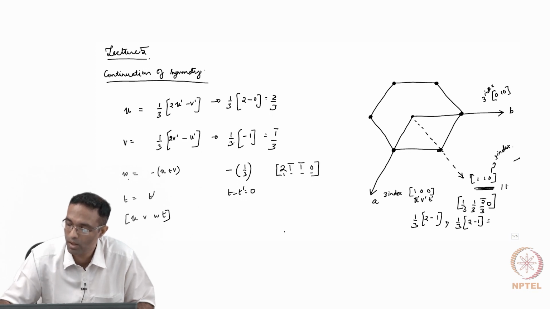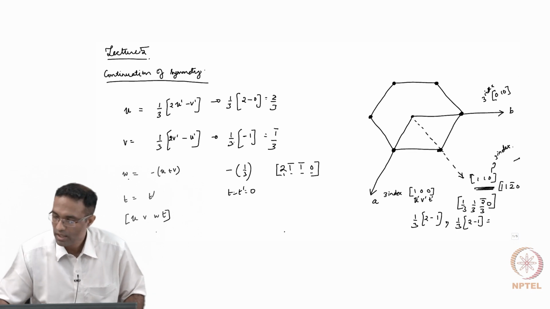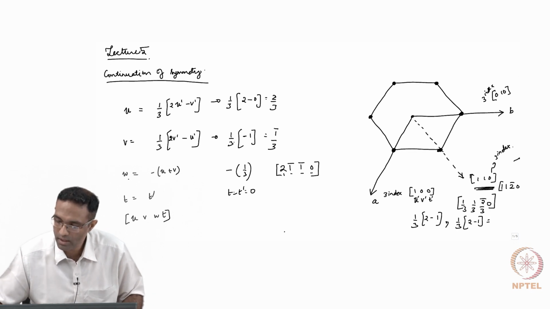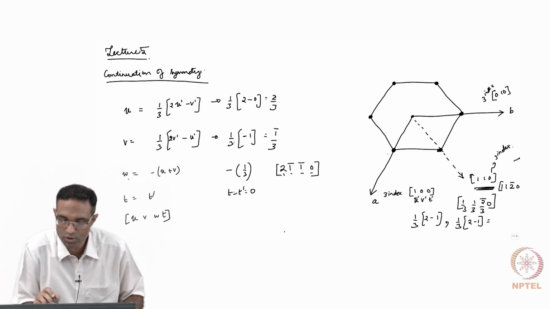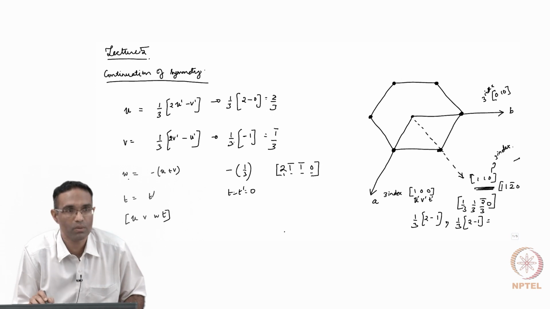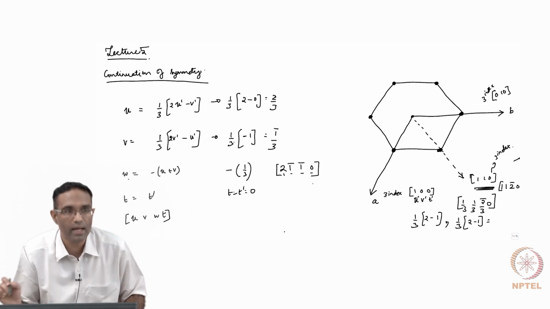So this is 1 1 2 bar 0. In the 4 index system, this direction is represented as 1 1 2 bar 0, and this one as 2 1 bar 1 bar 0. The same numbers are appearing in equivalent directions.